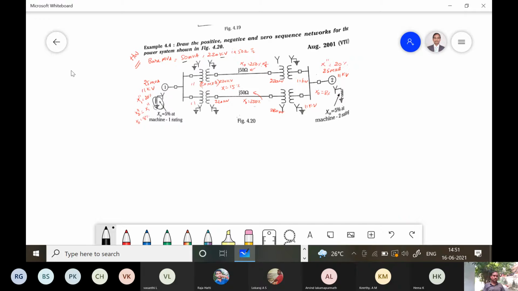For generator 1, positive sequence reactance is J0.4, negative sequence reactance is also J0.4, and zero sequence reactance that is calculated is J0.16, for both generator 1 and generator 2, right?